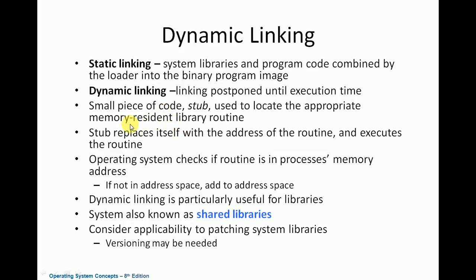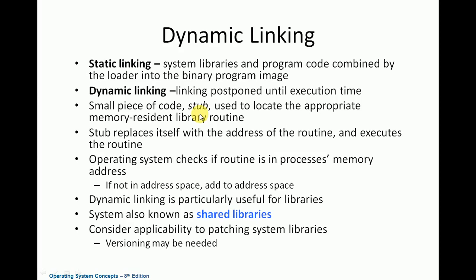Here a small piece of code called a stub is placed into memory. It is used to locate an appropriate memory resident library routine. A library routine must be loaded into memory during execution time. At what location it has to be loaded will be identified by a small piece of code called a stub.